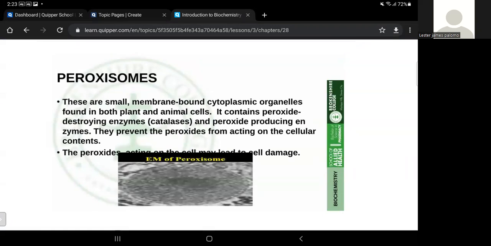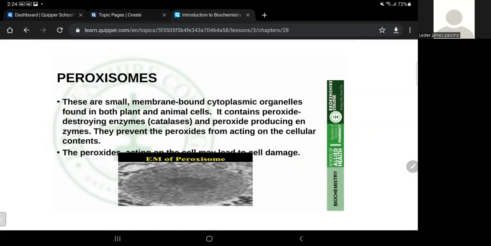Okay. The component of your peroxisomes which allows deterioration, or shall we say destruction, of microorganisms is the peroxide ion.